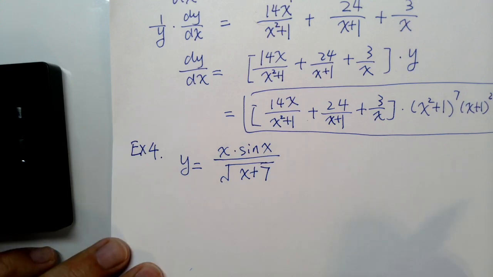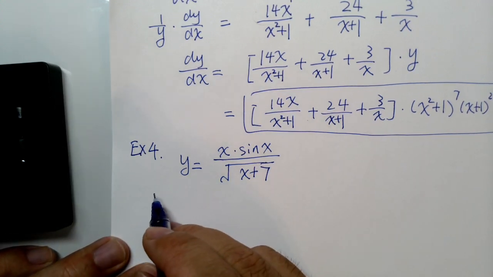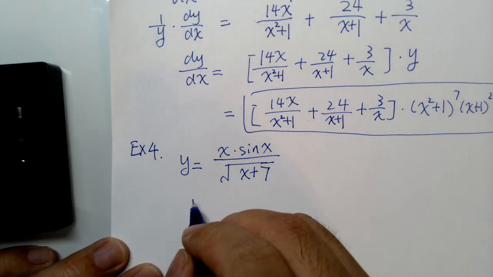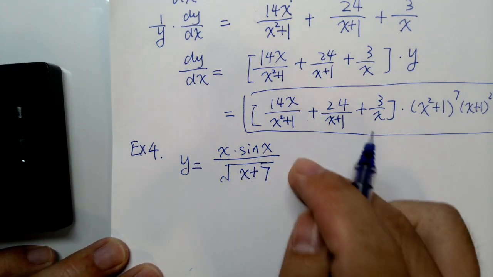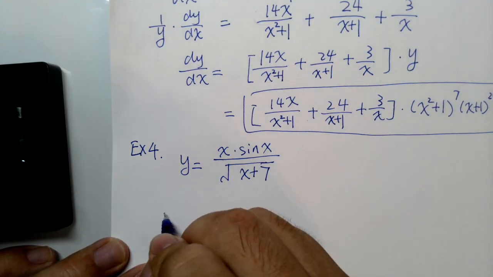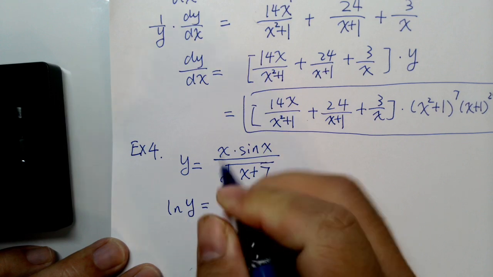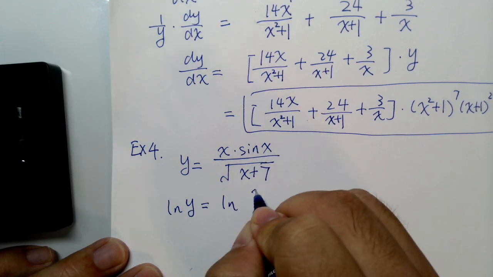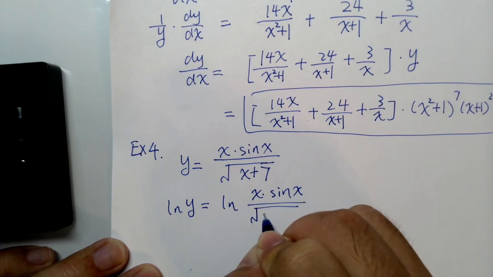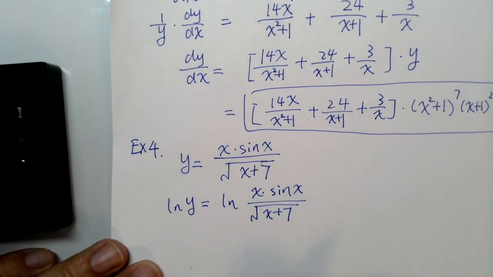The logic for example 4 is identical to example 3. The problem asks you to use logarithmic differentiation. If you apply the natural logarithm on this side, this is what you get.